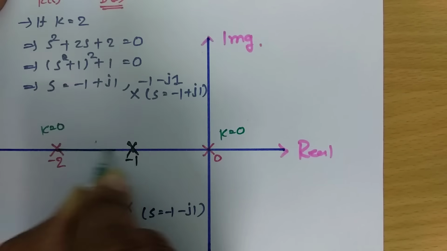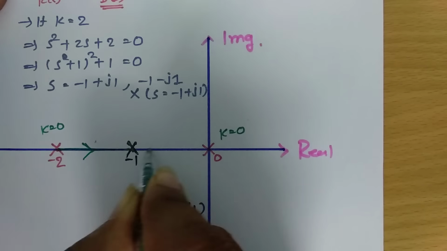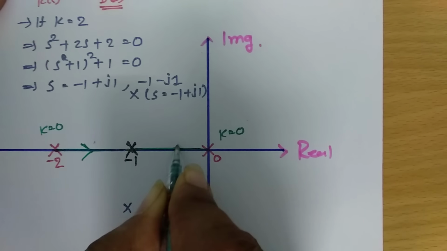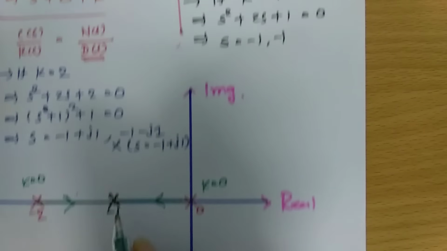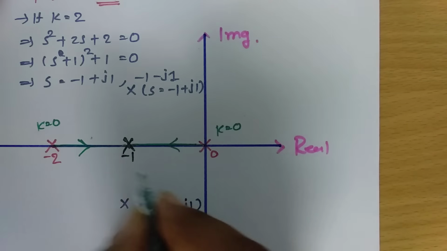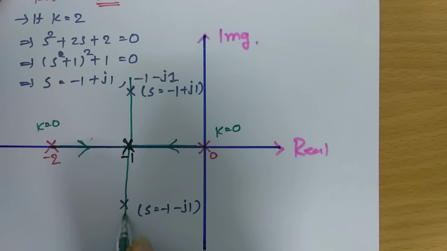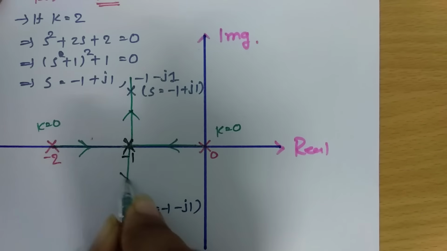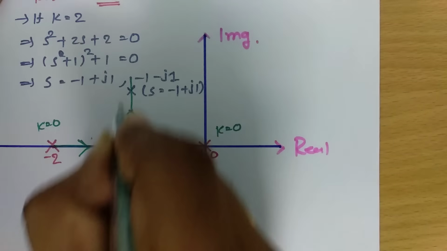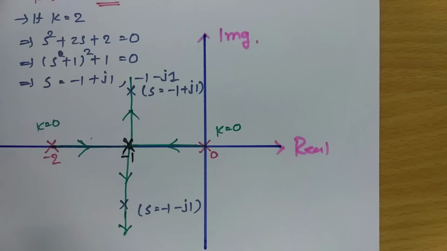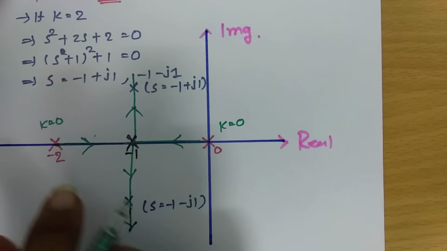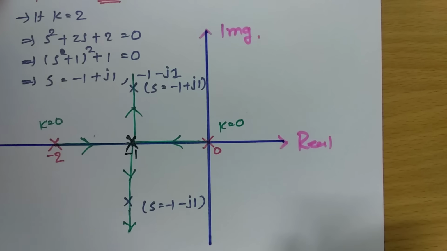This line moves in this direction as K increases, and once K = 1, both poles reach over here, and if we further increase the value of K, these lines move in this direction. This is how the system's characteristic behaves.